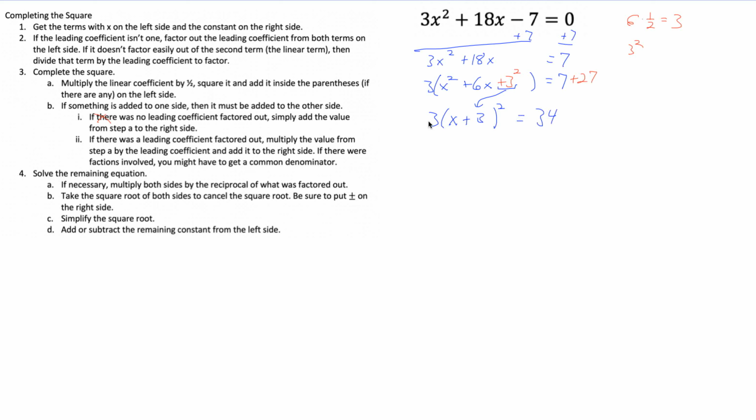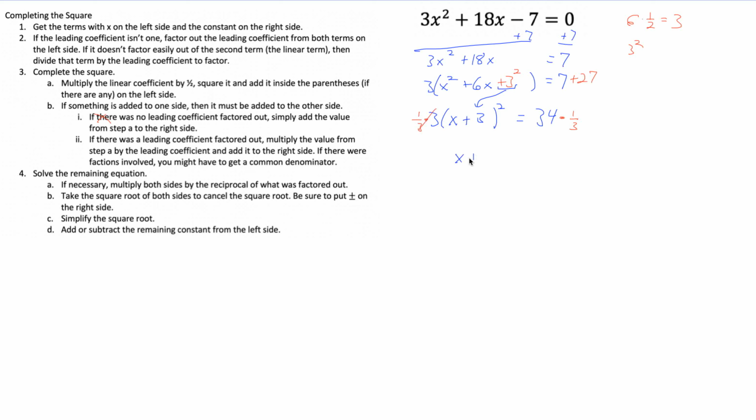If necessary, multiply both sides by the reciprocal of 3. So we're going to multiply both sides by 1/3. We could say divide by 3 also. Over here it cancels. And on the right we'll have 34/3.